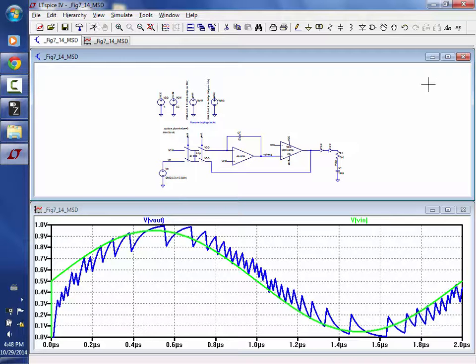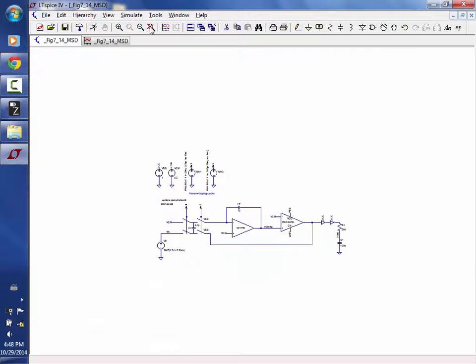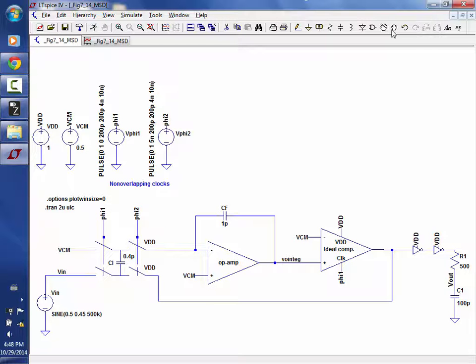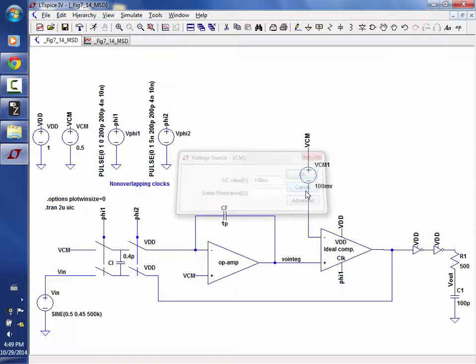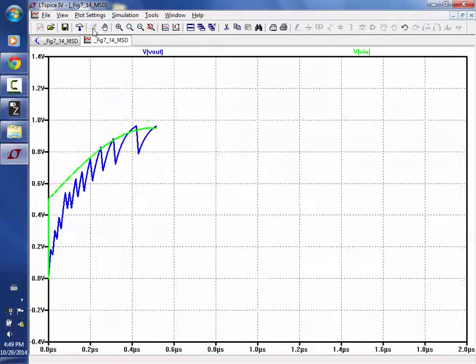So what I'm going to do now is get the hand out here, pull this up, and then I'm going to copy this DC source, plop it in here, and I'm going to put a ridiculously high offset of 100 millivolts. So instead of there being 500 millivolts here, now there's only 400. Now I'm going to rerun the sim.